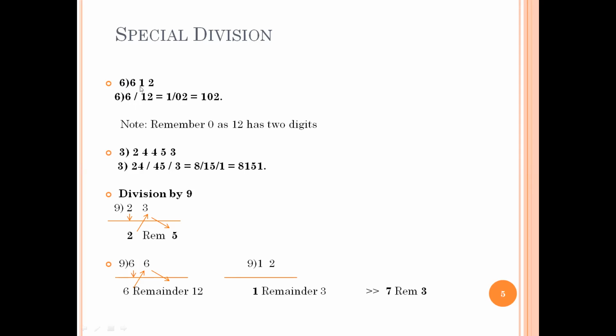So what we do is split the number in such a way that it will be easy to divide. So I split the number into 6 and 12. Then I just divide: 6 ones are 6, 6 twos are 12. Only because there are two digits, I simply write 02.